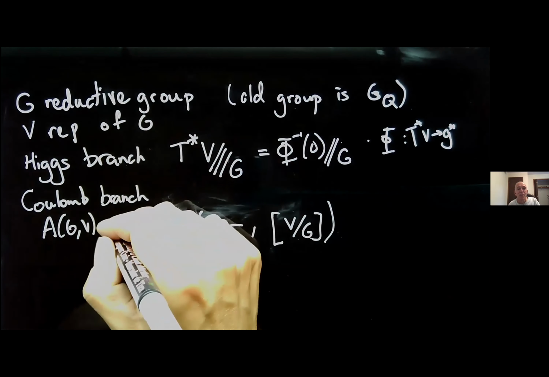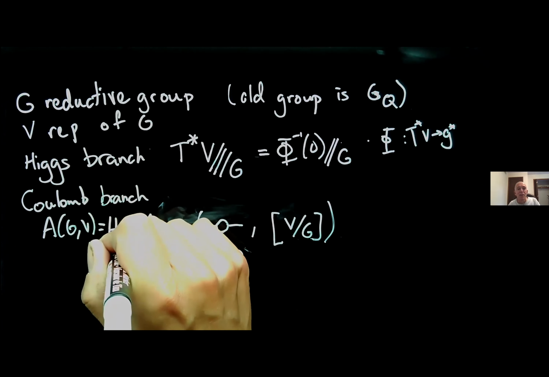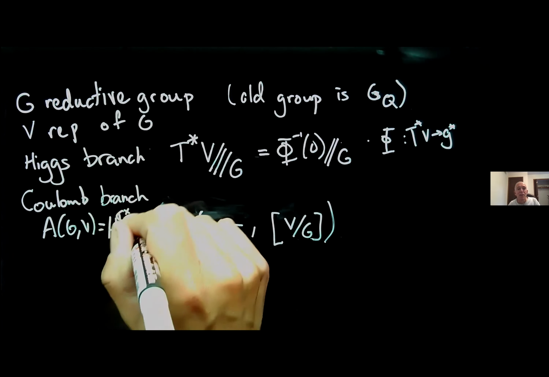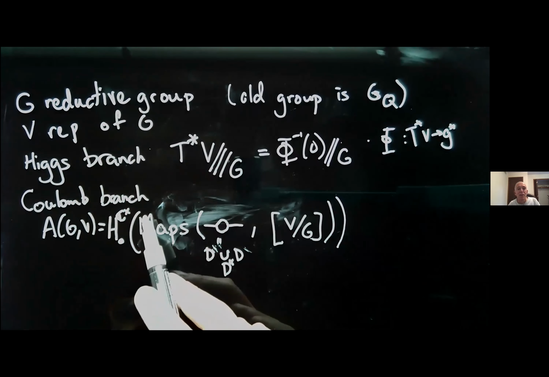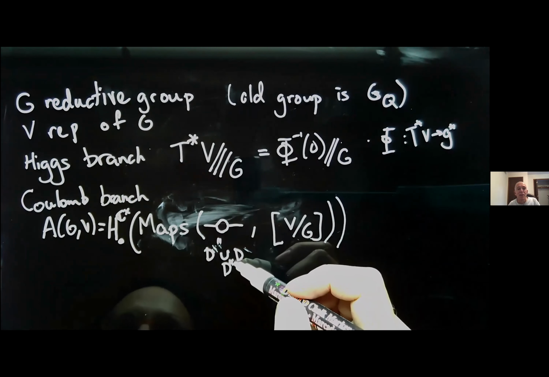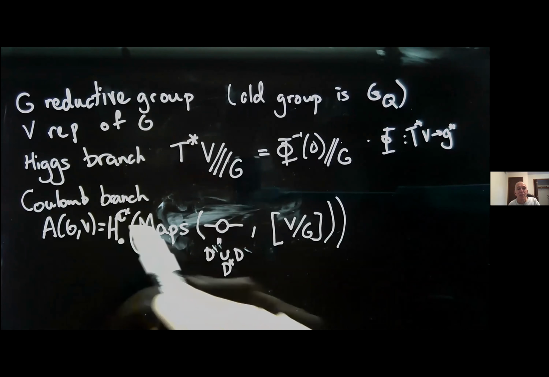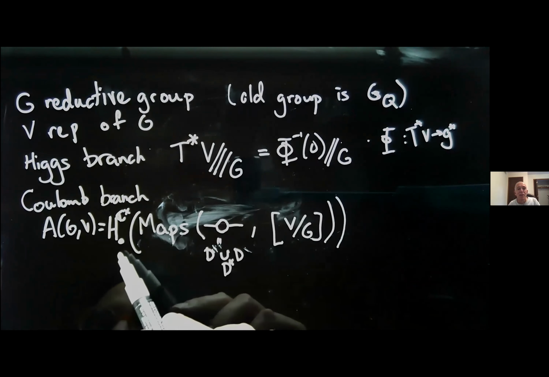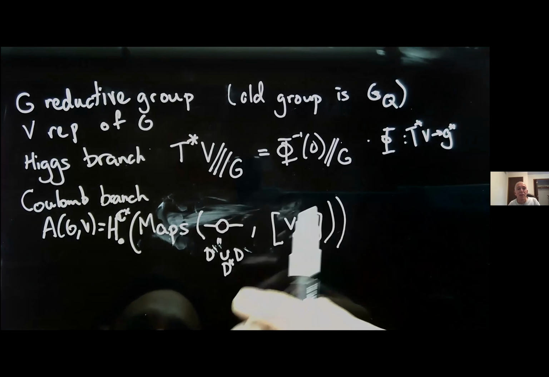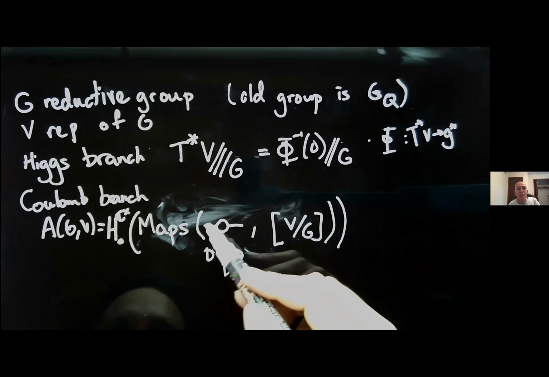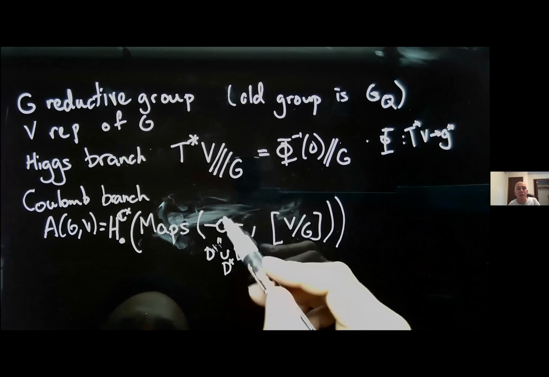Then for this space of maps, I take its C star equivariant homology, defined in an appropriate way. C star here acts on the disk in the obvious way. This homology has an algebra structure defined in a convolution way, somehow related to the fact of gluing a third kind of guy on top of this.